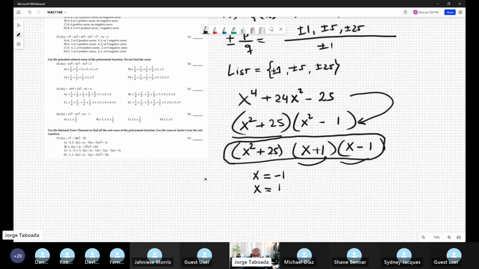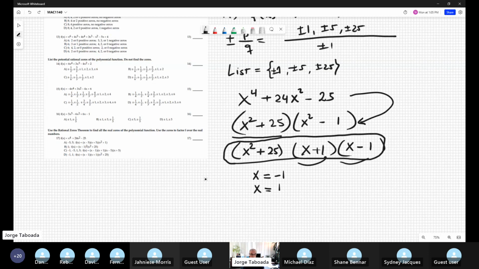So you have a trinomial, 1, 2, 3 terms. And for the factorization of a trinomial, you open two parentheses because it's two binomials. And try to find the combination that opens the door. The combination that opens the door for sure is 25 and 1. Because you need to find two numbers that multiplied give me 25, and addition or subtraction, depending on the problem, give me 24.